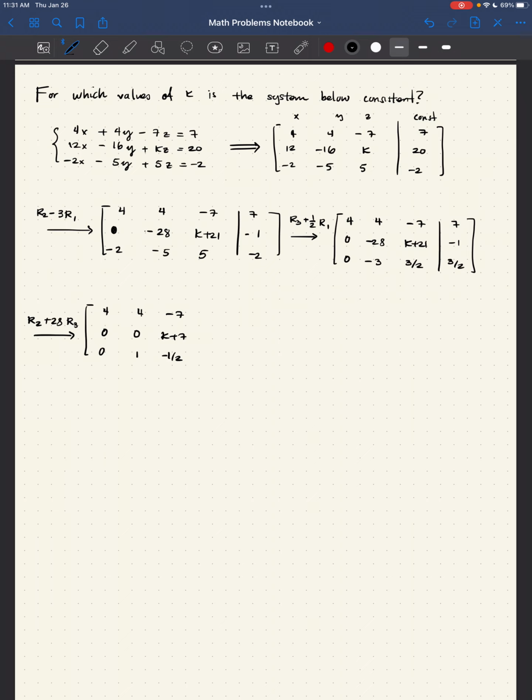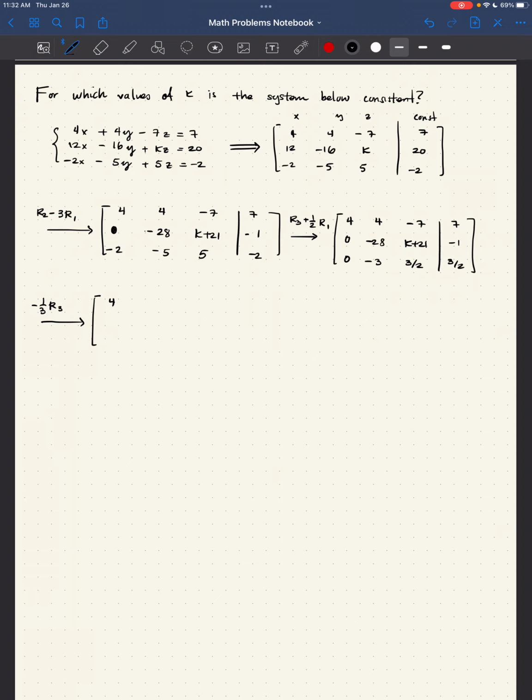Oh, before I do that, small correction here. Let me do the following operation beforehand. Negative 1/3 of row number 3 to make it more manageable.